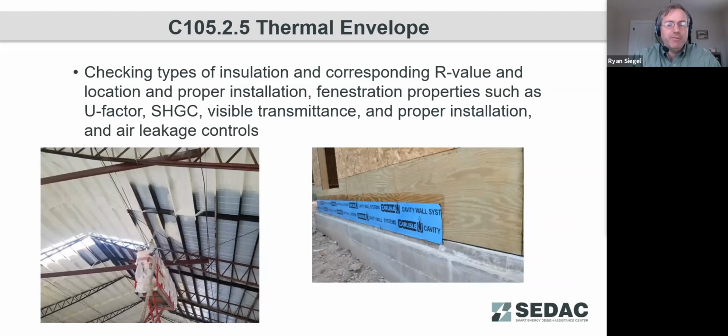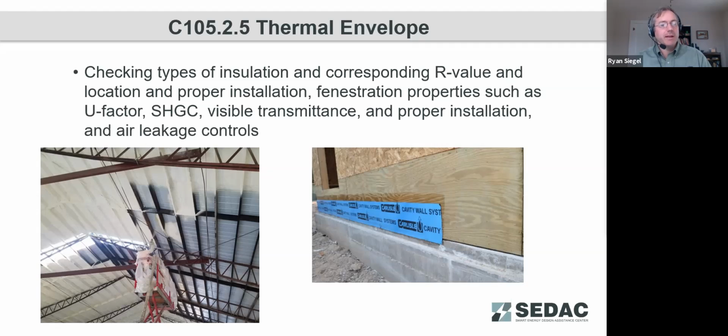Again, similar to the footings and foundations, we're looking for many different aspects of the insulation and air sealing details for the thermal envelope. Here we see a metal building where they're going ahead and putting some spray foam insulation. This spray foam insulation, if it's closed cell and at least 1.5 inches, can be a nice air barrier.